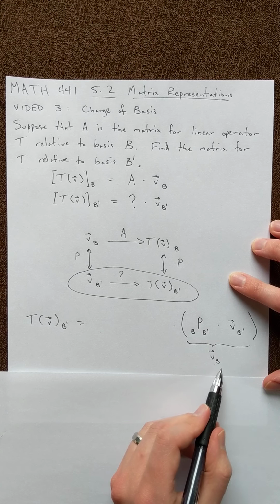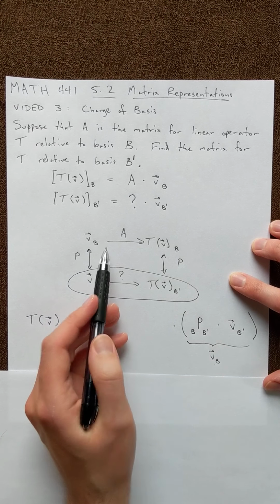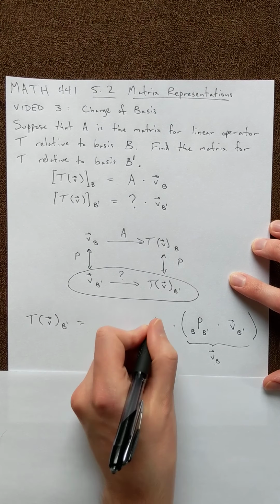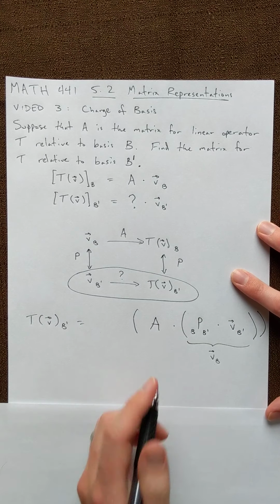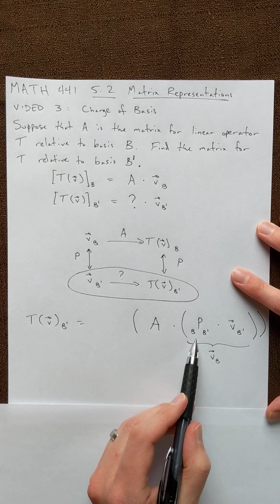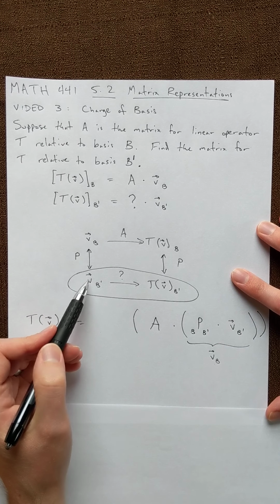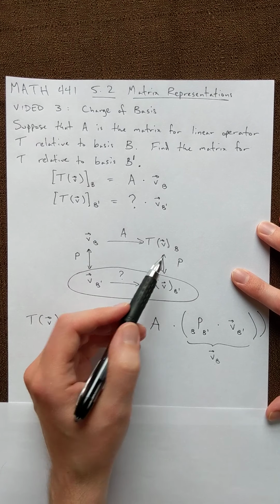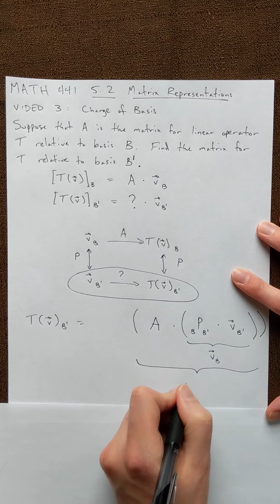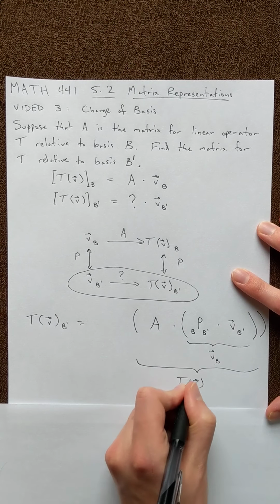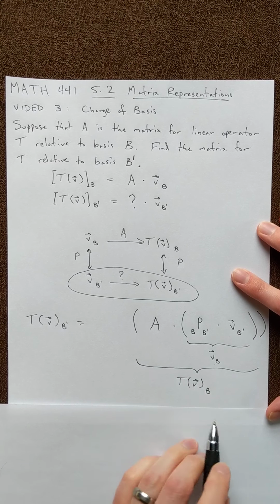Once I know V relative to the B basis, I'm going to multiply it by the matrix A. And so that answer, first doing this change of basis, then multiplying by A, should give us this vector, which is T of V relative to the B basis. That's not what we want, though.